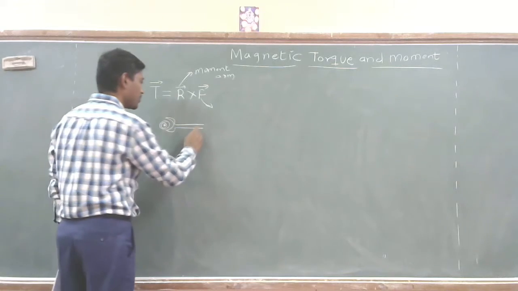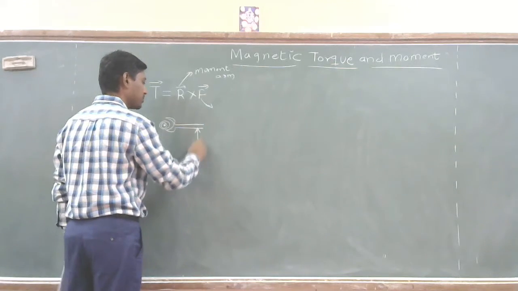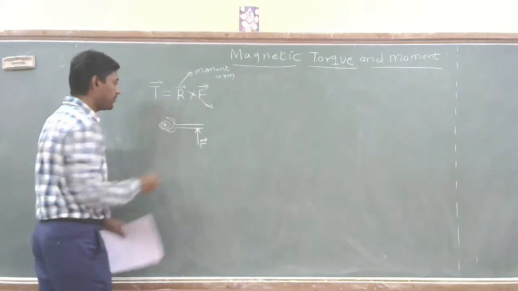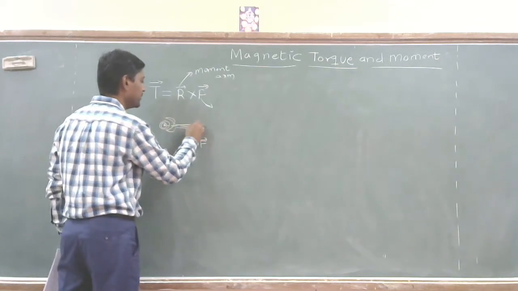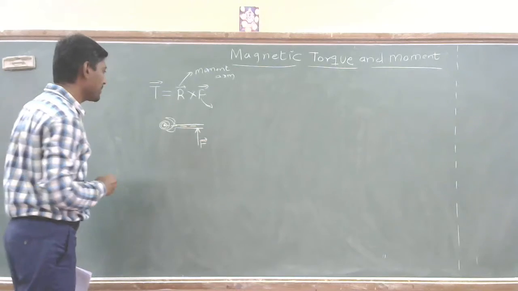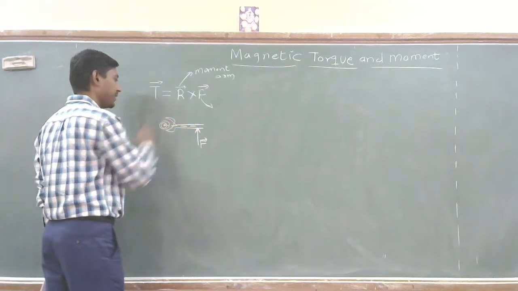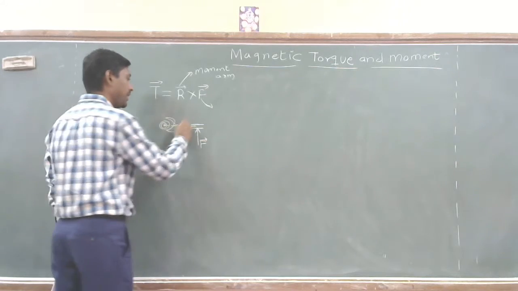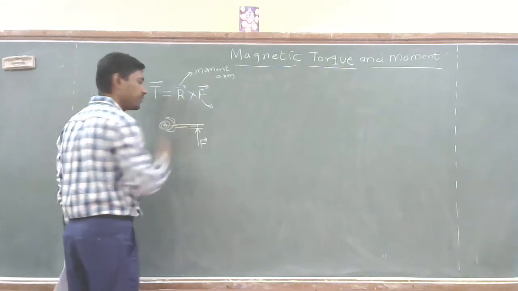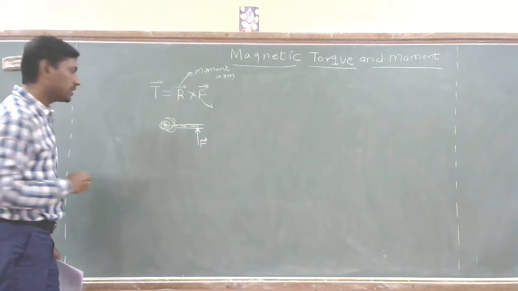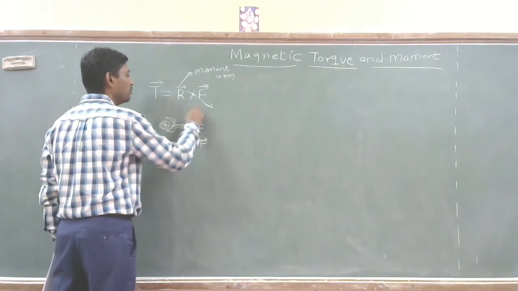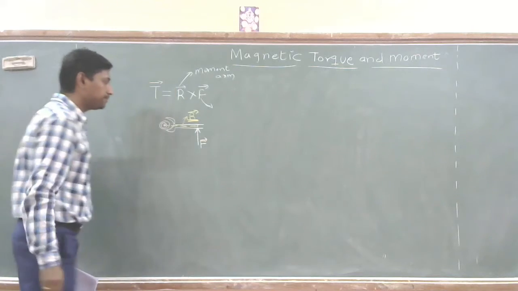We apply force F at some point, and we define this moment arm R, which is from this fixed point, or you could say an origin, to the point where we are going to apply the force.